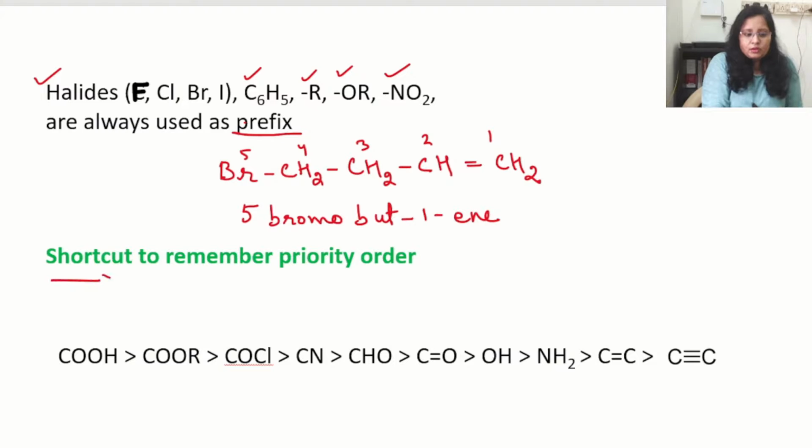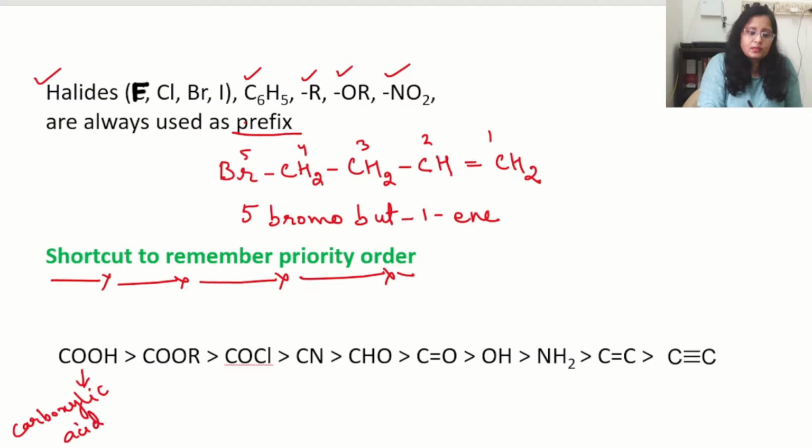There is one shortcut for you to remember the functional group priority order in a very easy way. Here is the priority order. In this, COOH, the carboxylic acid, is given the top priority. After that, esters will come. After that, acyl halide.